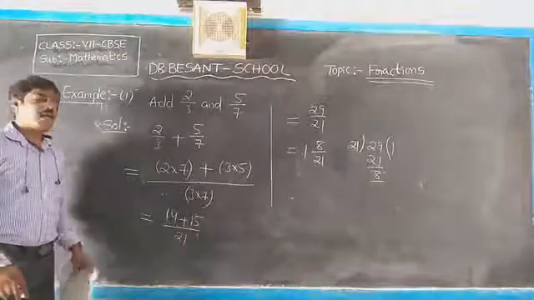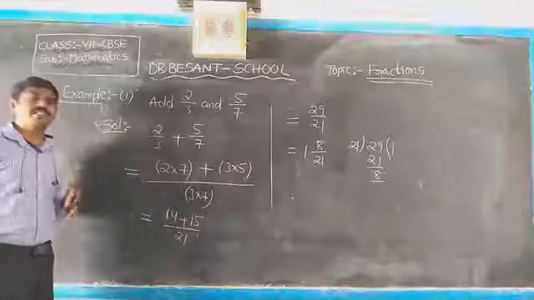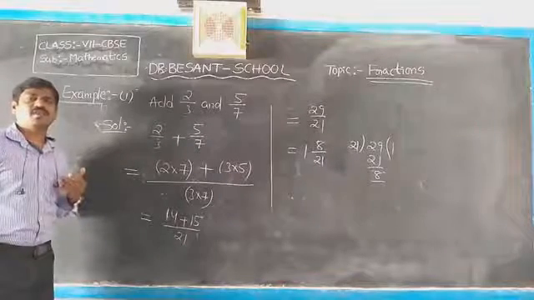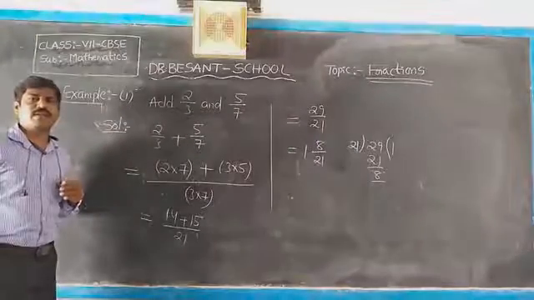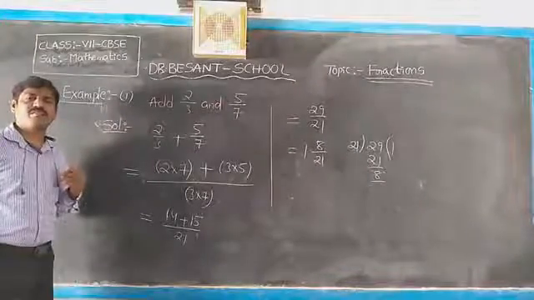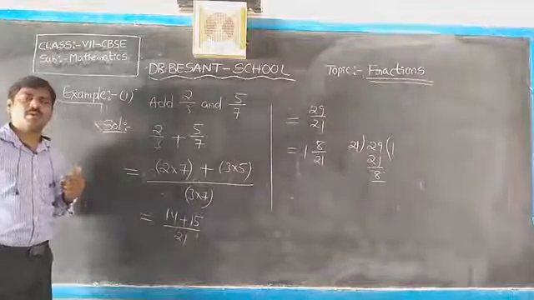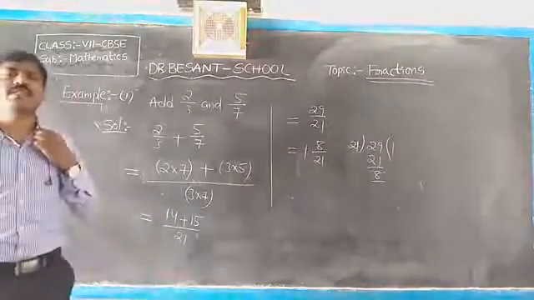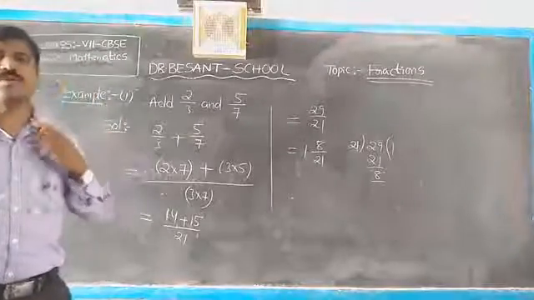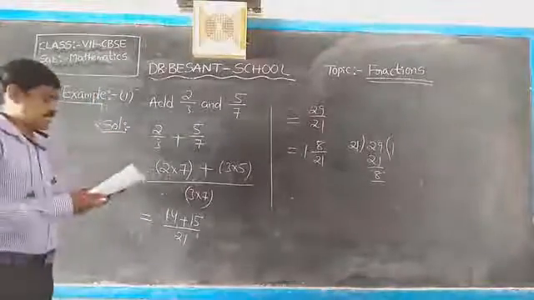According to possibility, whichever is easy, that one you can use. Understood, children? I have explained 3 processes. Whichever is comfortable to you, you can go with that. Any process you will get the same answer only. So this is example 1.